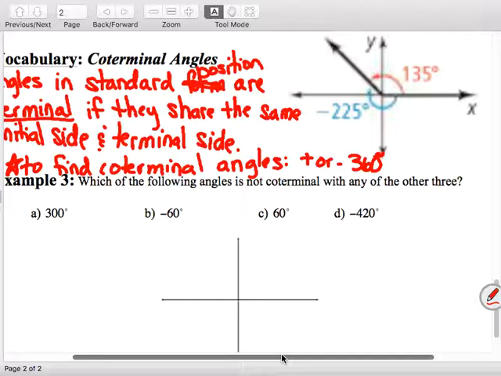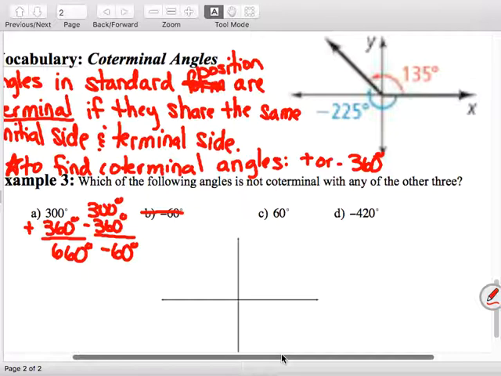So what I want to do with 300, if I add 360, that's 660 degrees. I don't see it in the list. But what if I take 300 and I subtract 360? What do we get? Uh-oh, that's in my list, right? So those are coterminal. Now, what if I take negative 60 and I subtract 360?